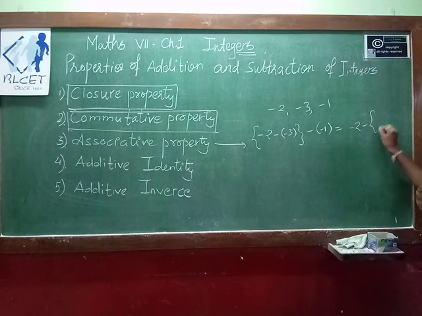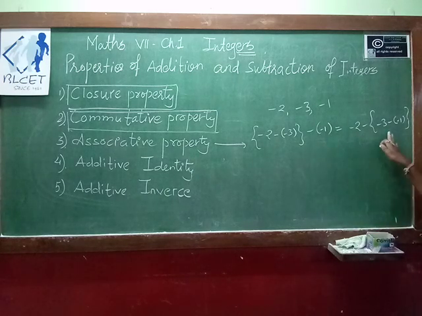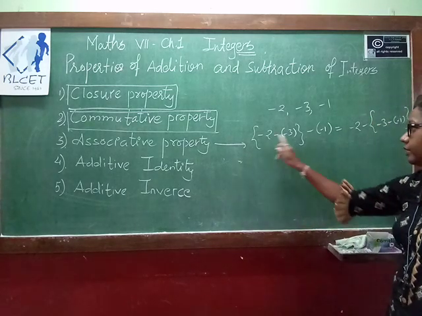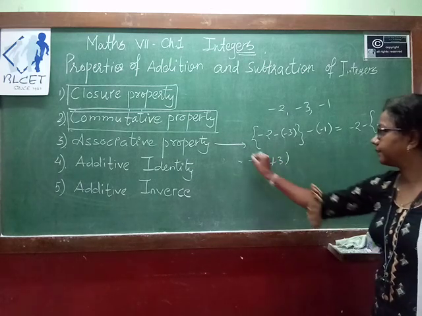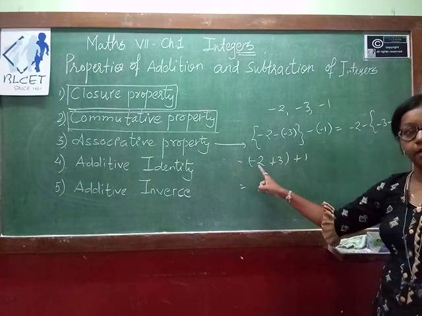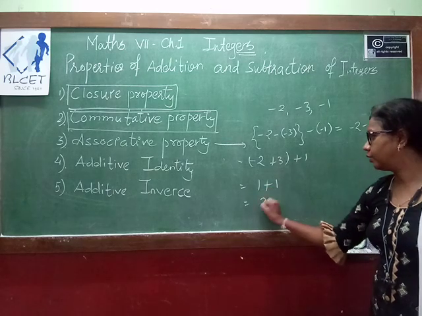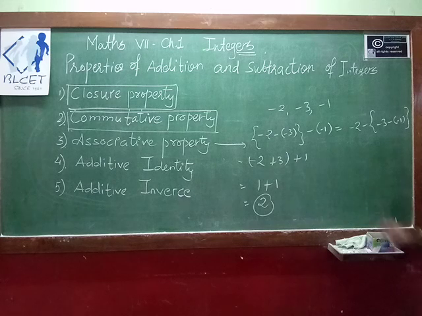Everywhere I have to keep minus because we are subtracting. So first we solve this side: -2 minus minus 3 is -2 plus 3, minus minus 1 is plus 1. So what is your answer? -2 plus 3 is 1, plus 1, which is equal to 2. So while solving this side, I am getting the answer 2.